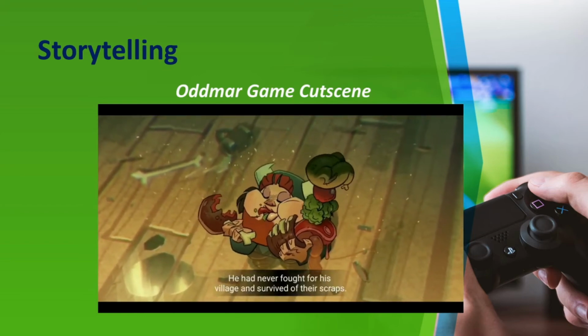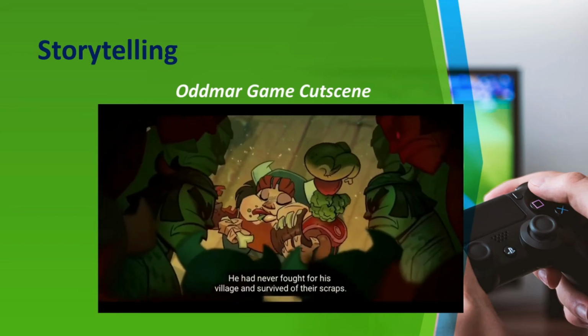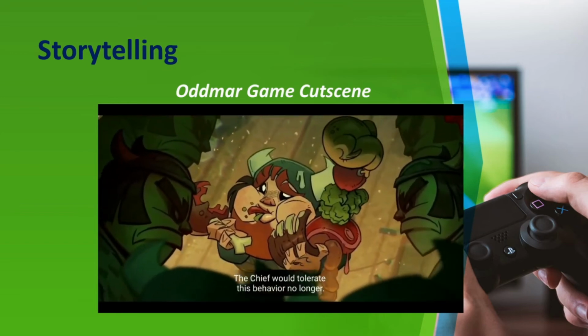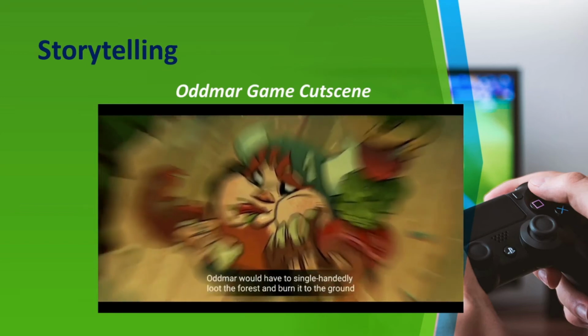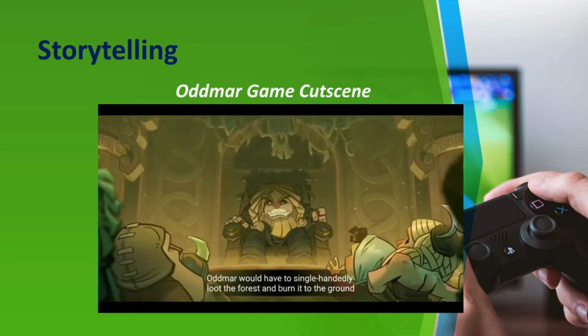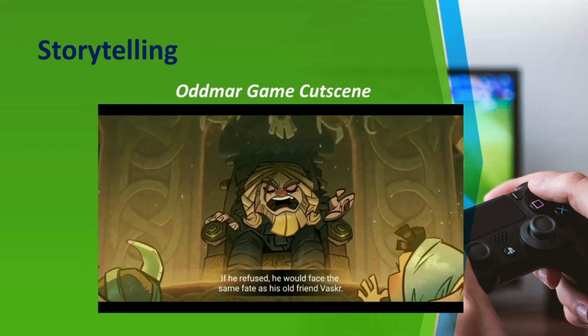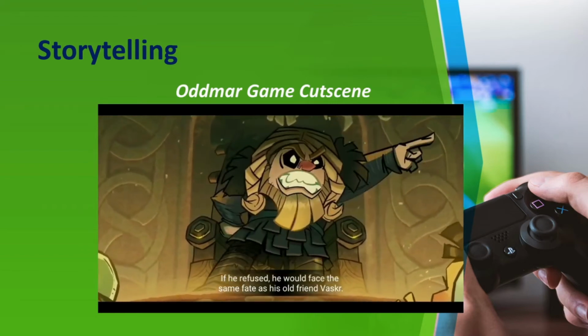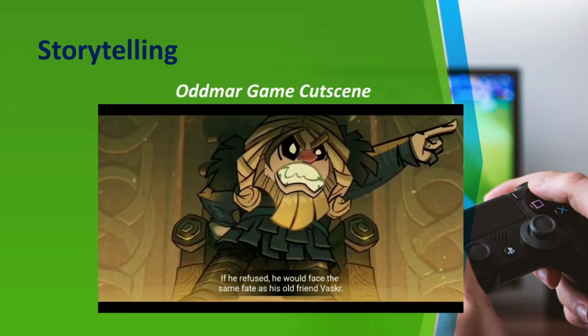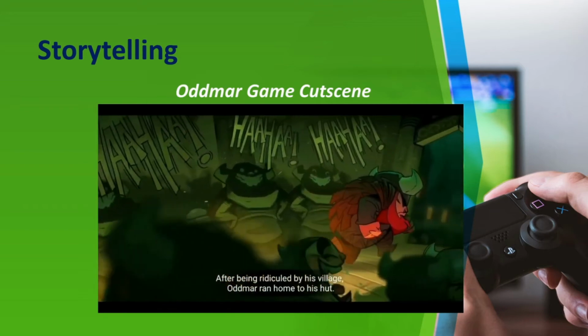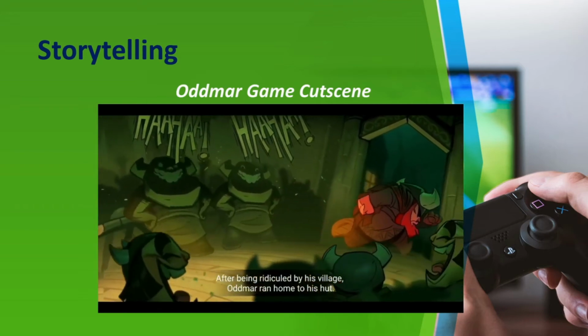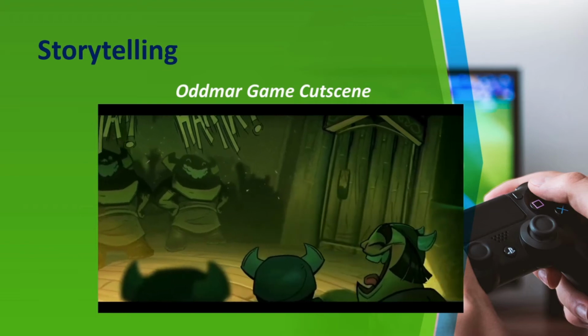He'd never fought for his village and survived off their scraps. But the chief would tolerate this behavior no longer. Ardmar would have to single-handedly loot the forest, burn it to the ground, so their village may prosper. And if he refused, he would face the same fate as his old friend Vaska. After being ridiculed by his village, Ardmar ran home to his hut.